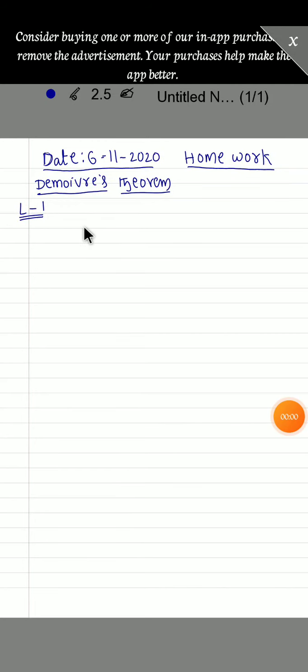So, hello students. Today I will discuss De Moivre's theorem level 1 homework bits. Bit number 66 in level 1.